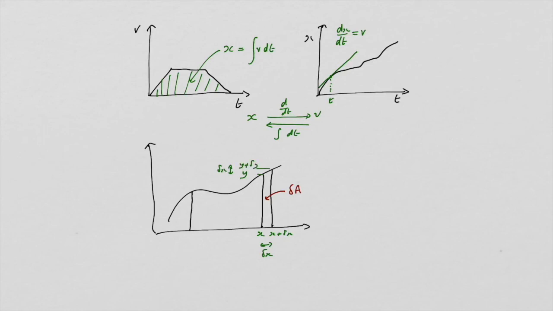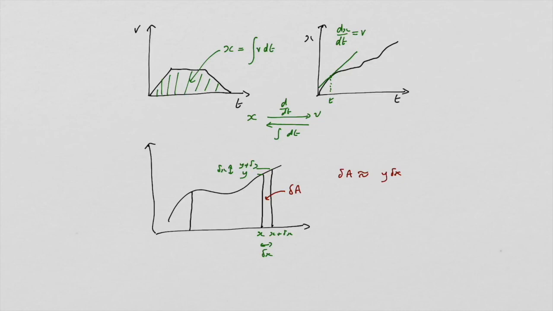So what's the area of this little delta A? So delta A is roughly equal to the width of this rectangle, which is delta x, times by the height of it, which is roughly y.